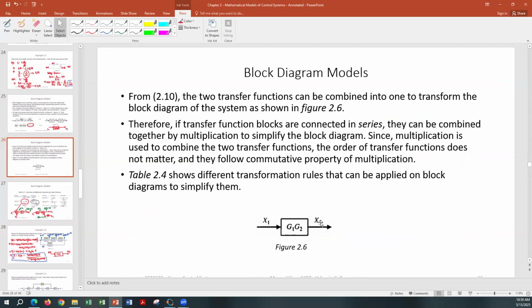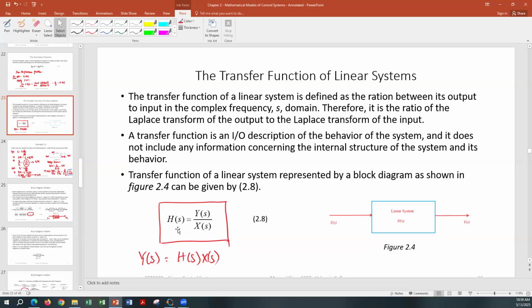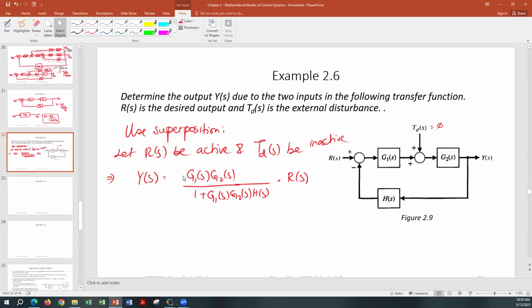If you are trying to figure out X3, Y(s) is equal to H(s) times X(s). That's the transfer function. So the transfer function is multiplied by the input to produce the output in the s domain. And that's what we see over here. This is the transfer function between Y(s) and R(s). Because if you eliminate, this whole thing is going to be replaced by this. So that's one block between R(s) and Y(s). So Y(s) will be equal to R(s) times that block, right?